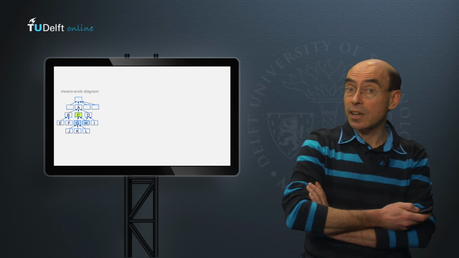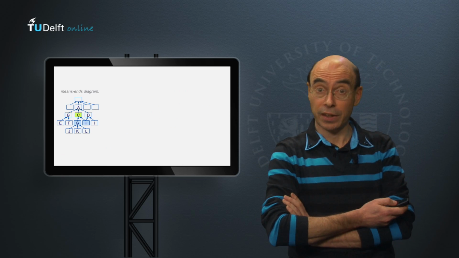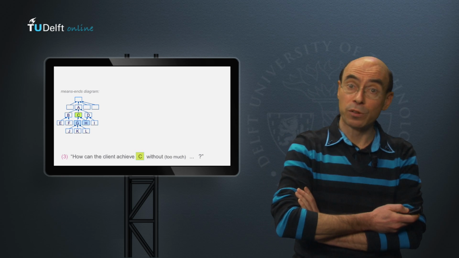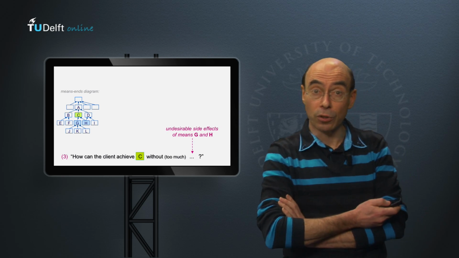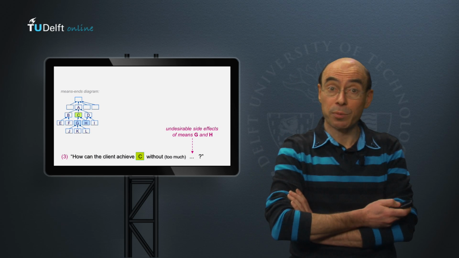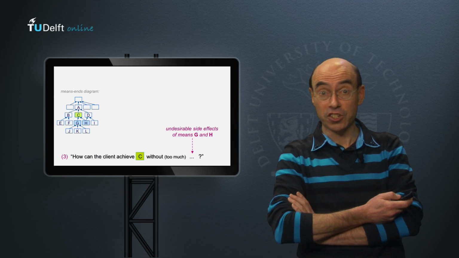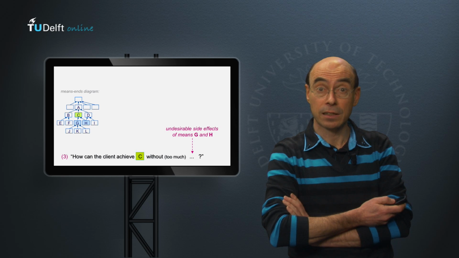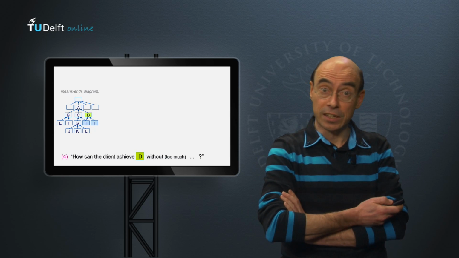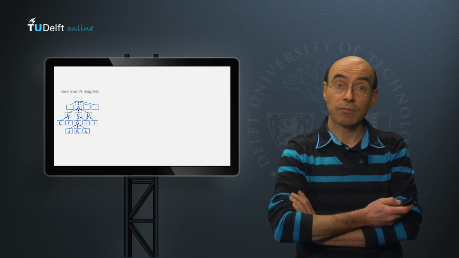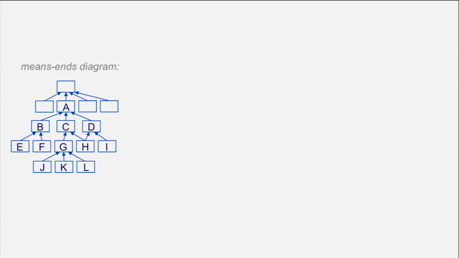We can do exactly the same for the other means to achieve A. Each time we look for undesirable side effects to identify the trade-offs involved. So we imagine what would happen if our client decides to use means G and H to achieve C. We do the same to find the trade-offs involved to achieve D. And let me give just one more example.